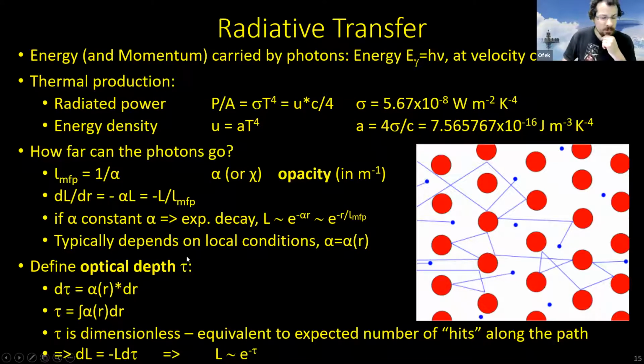So the solution astronomers use is to define a new parameter, tau, which measures optical depth. And tau is defined in the following way. If alpha is a function of r, then define d tau over dr equal to alpha. So just include the variability in your definition of distance, as another change of variable, changing from the variable r to the variable tau.